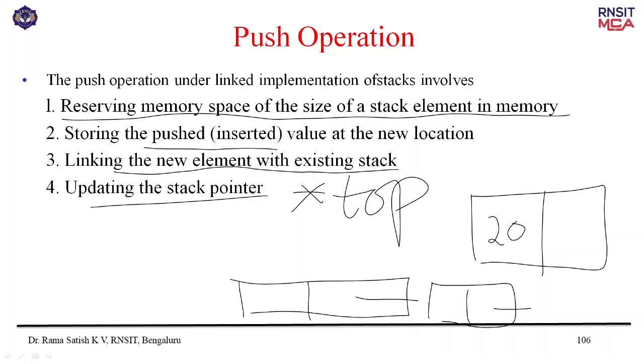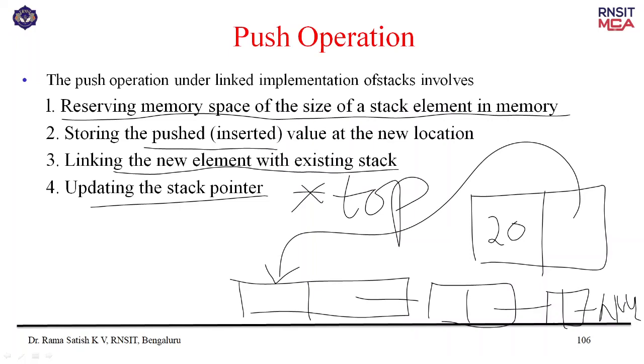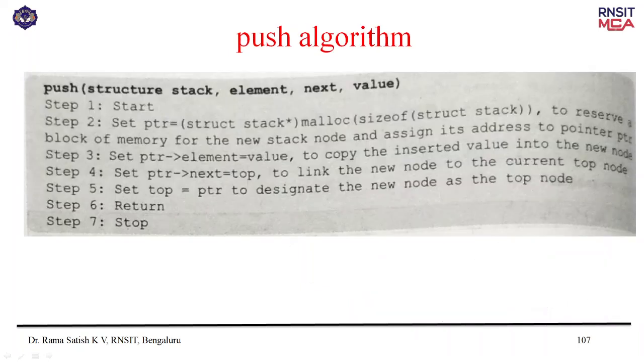There is already a linked list, so you just link this and update the top pointer. Since this is linked, the top pointer which was pointing earlier to this now points to this. So the top pointer is going to point to the first node. Anyhow, we'll see that.